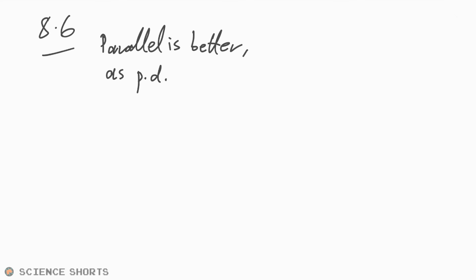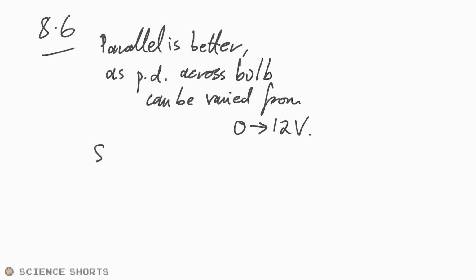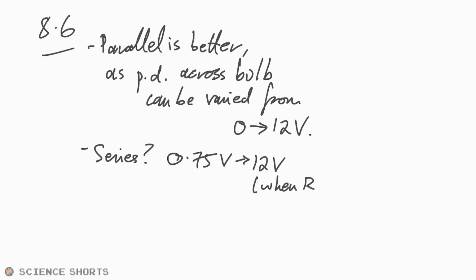Parallel is better as the PD across the bulb can be varied from 0 to 12 volts. In series, do you remember the question said it can only go to a minimum of 0.75 volts? And the maximum is 12 volts when R is 0 for the variable resistor. That's it. We've said 14 is better, and we've given the reasons why. Happy days. Not too bad.